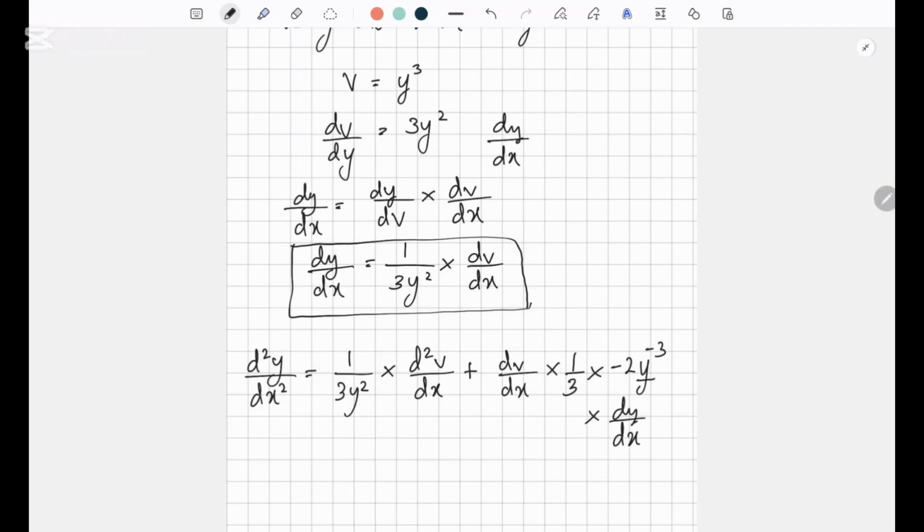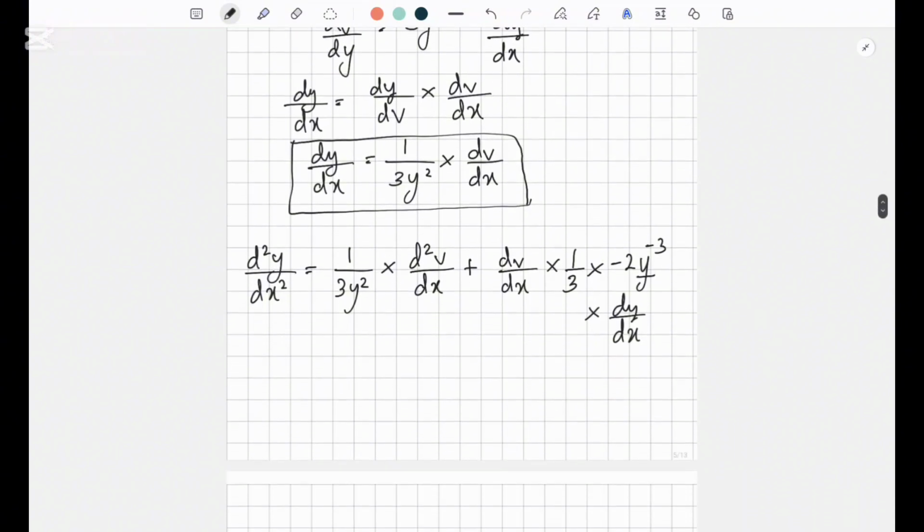Don't forget that. Because you have y, not x. If it was x, it's just that. Because we are differentiating in terms of x, but here we have y, so when you differentiate y in terms of x, you have to write dy over dx. Don't forget that. Okay?